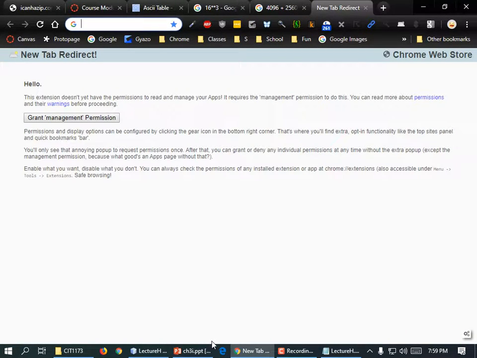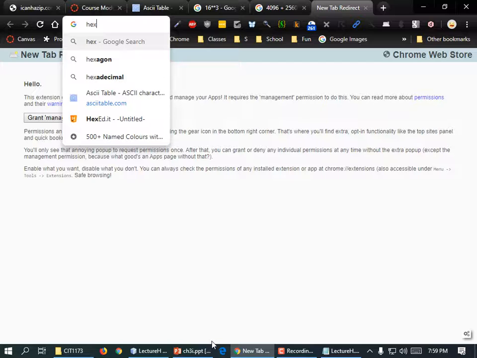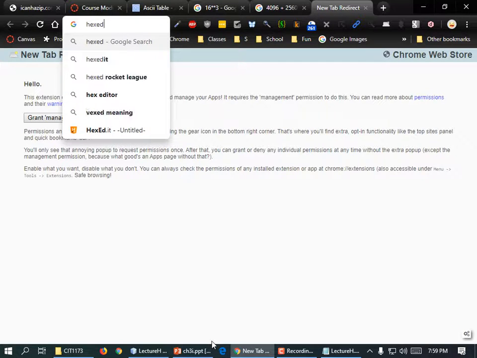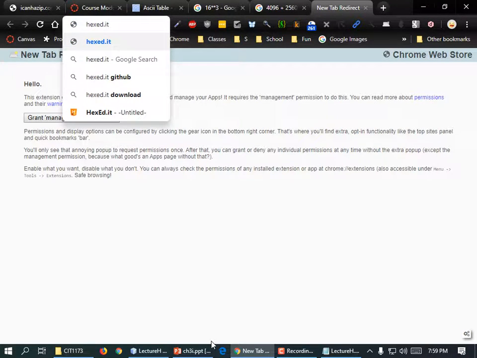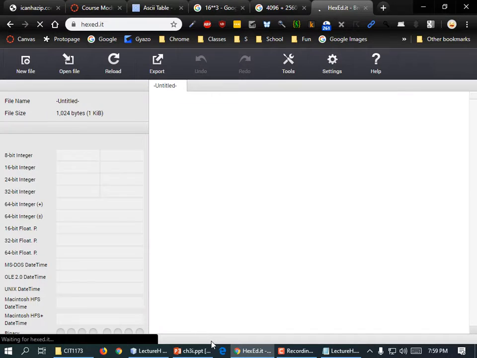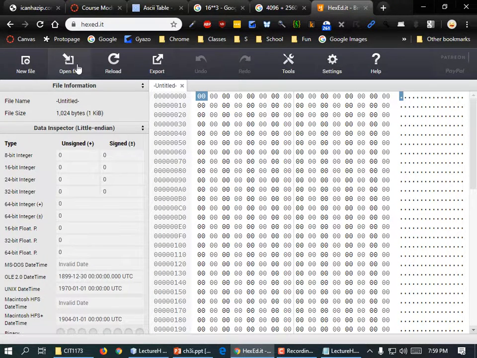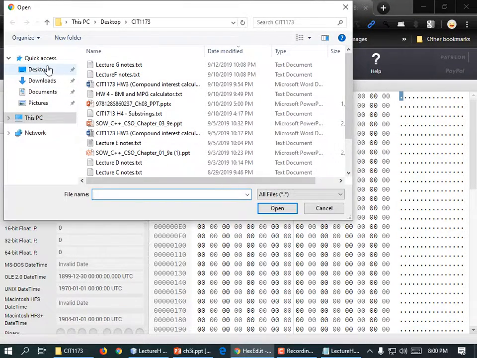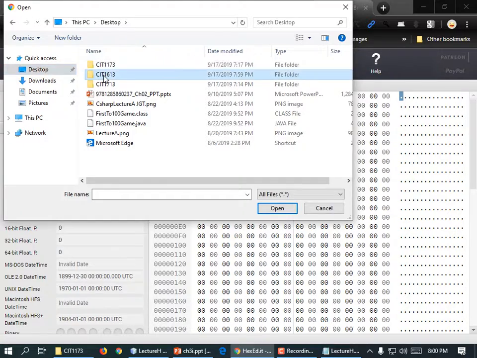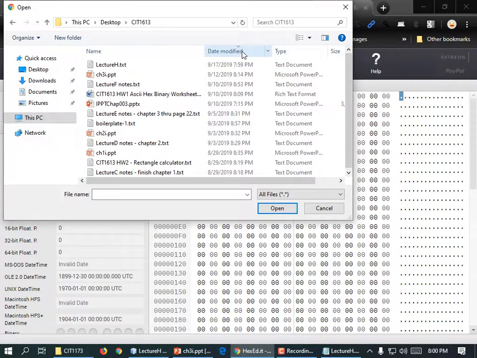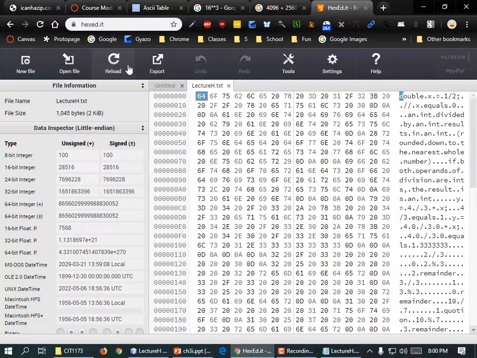Go to something called hexed.it, H-E-X-E-D dot I-T, and click the open file button and find your notes file. So I'm going to click open file. I'm going to go into my correct directory where my notes are. And there we see all of my notes.